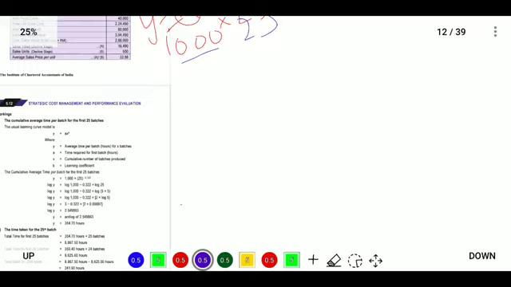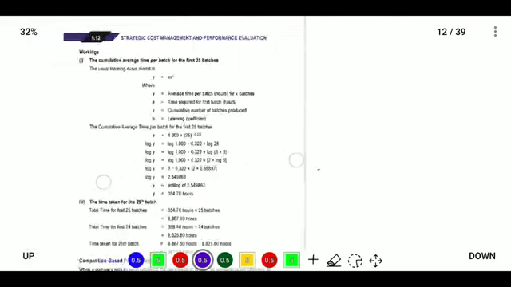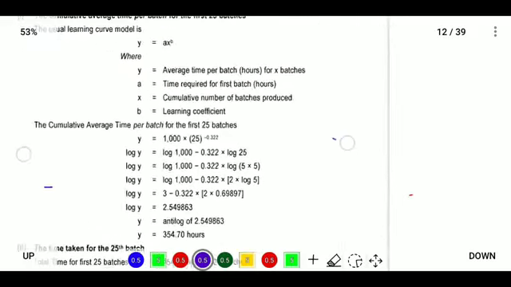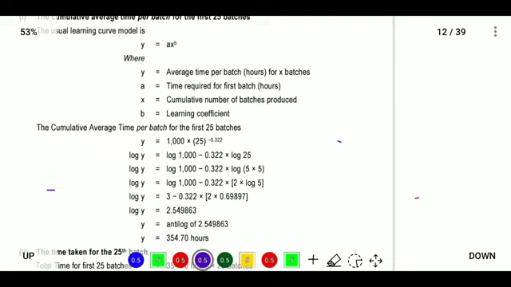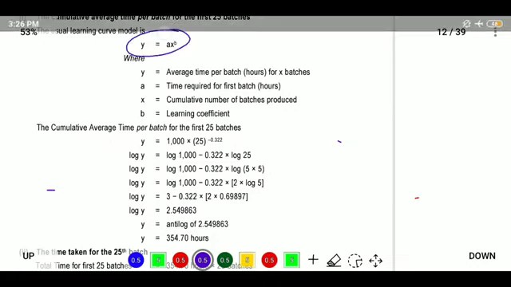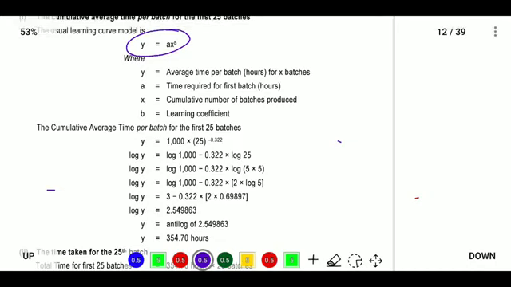Here they provided the formula: y is equal to ax to the power of b. y is the average time per batch, and a is the time required for the first batch. What is the first batch time? That is 1000 hours. Next, x is the cumulative number of batches produced.